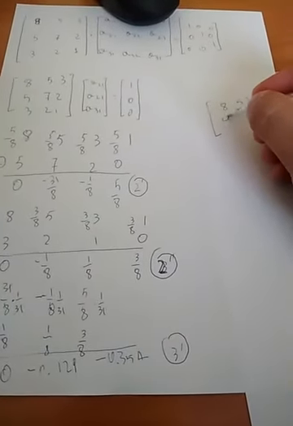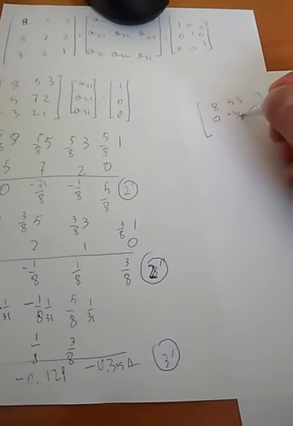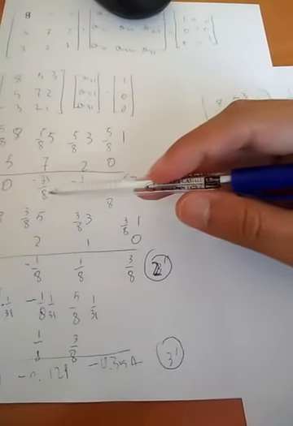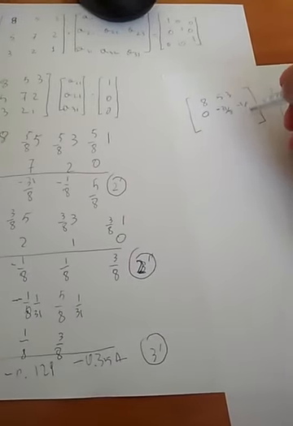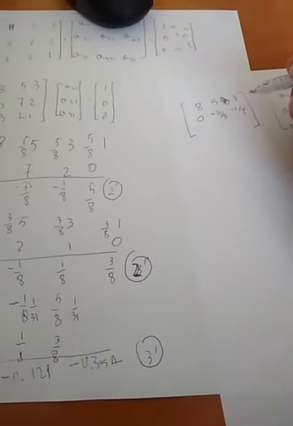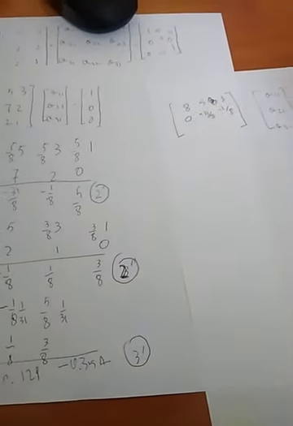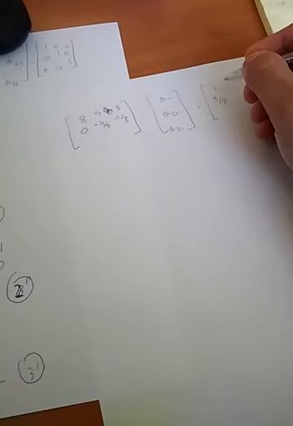So 0, minus 31 over 8, minus 1 over 8, will be equal to 5 over 8.